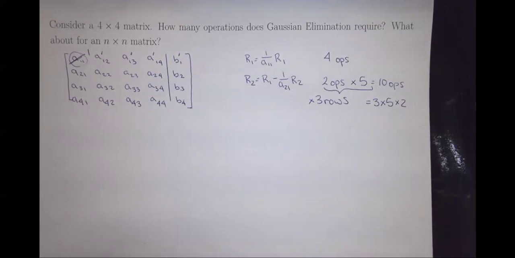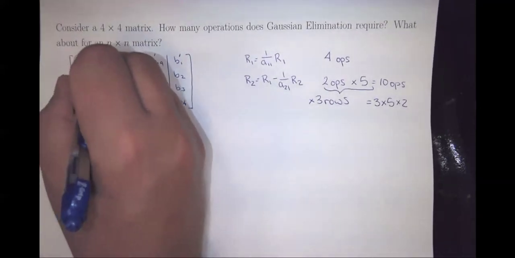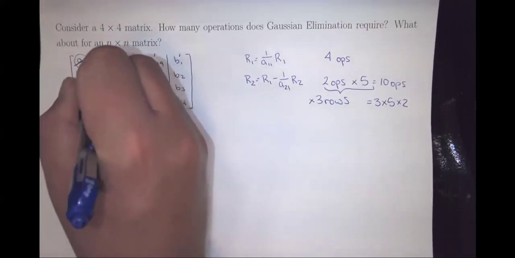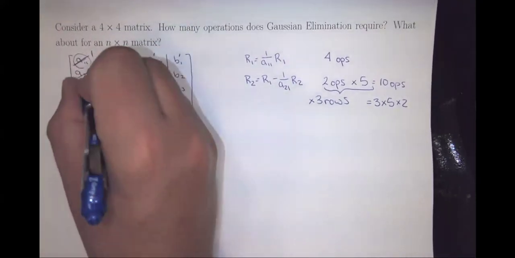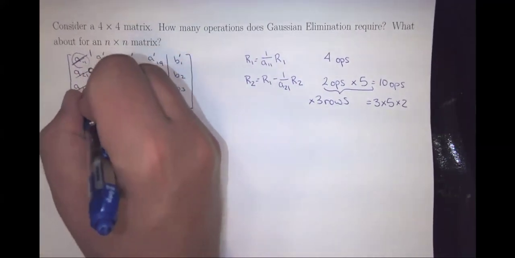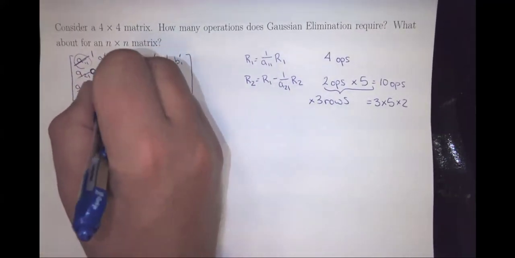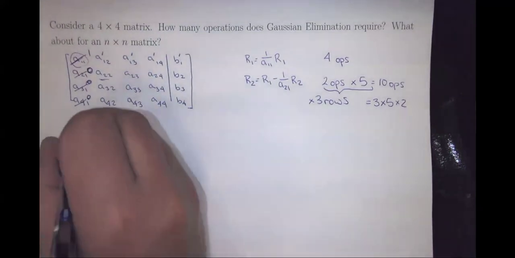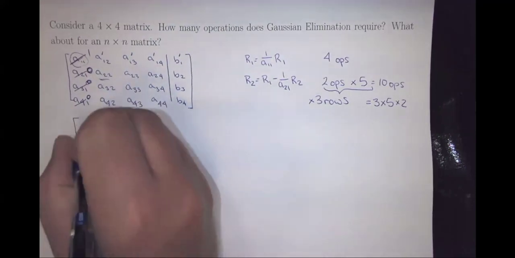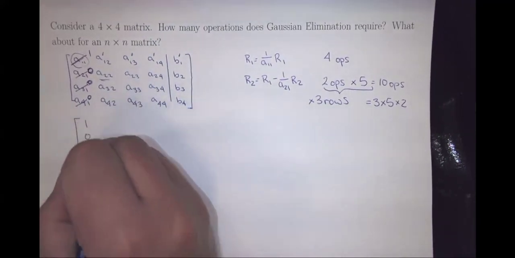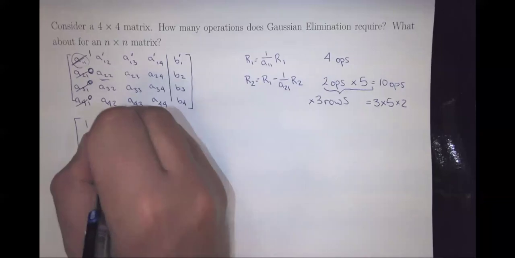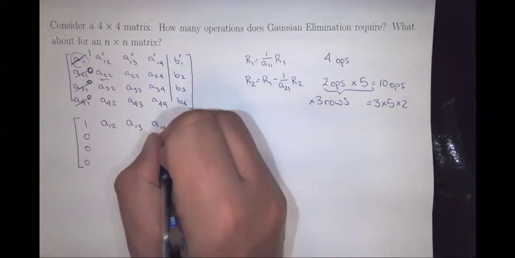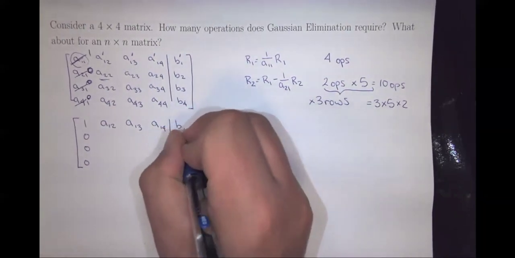Now the good news is once we're done that, this is now a 0, this is now a 0, this is now a 0, and we can move on to pivoting on A22. So if we rewrite this, we end up with 1, 0, 0, 0, and new versions of A12, A13, A14, and B1.